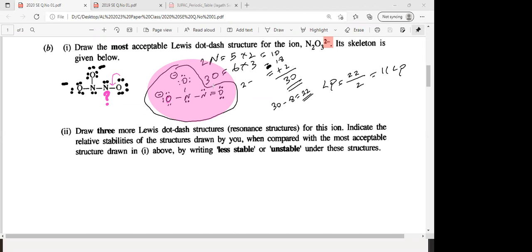Did you try to work this out before I explained, or did you understand this? This is the one. Is that clear?